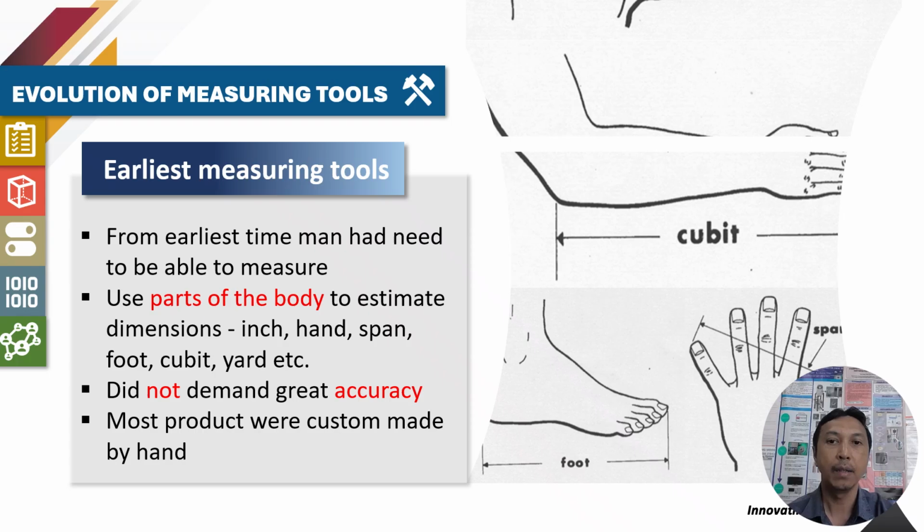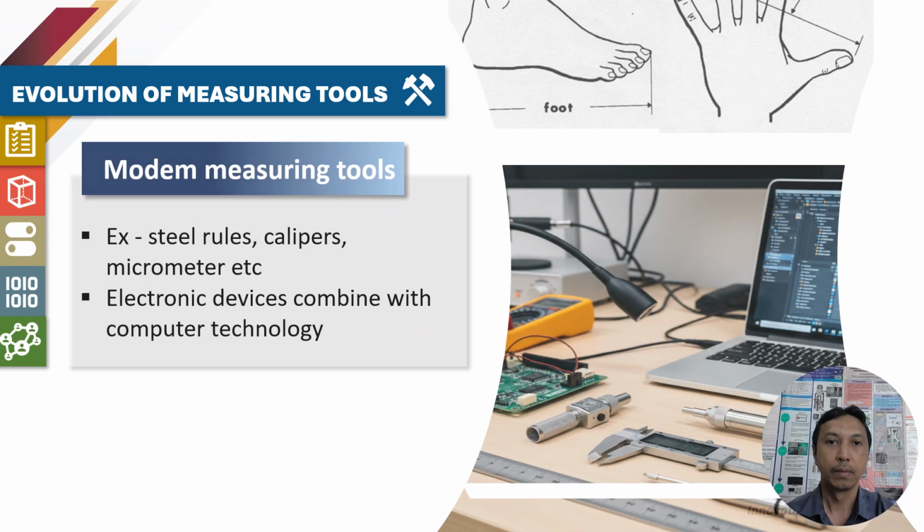Back then, high accuracy wasn't important because most products were handmade and custom-made. Today, we have modern measuring tools such as steel ruler, caliper, and micrometers. We also use electronic devices combined with computer technology to achieve much greater accuracy and consistency.